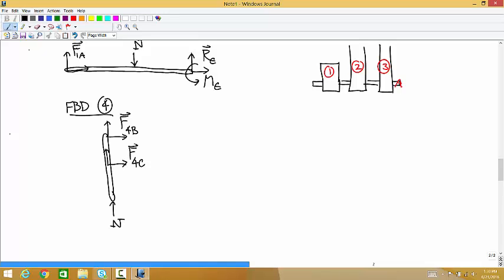And now we're going to isolate the joints. So pin A. What forces are acting on A? I drew a picture here. 1 is touching it, and Newton's third law says that this force applied to A by 1 is negative F1A.